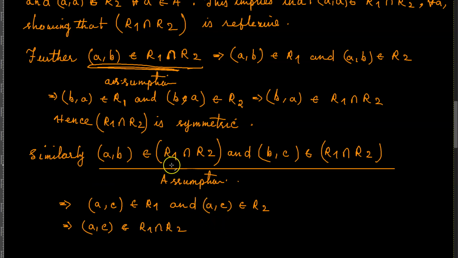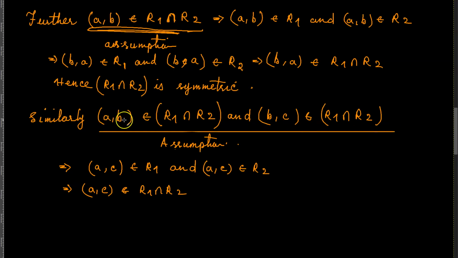So what that means is that over here we are assuming that (a, b) belongs to the intersection of R1 and R2, and also that (b, c) belongs to the intersection of R1 and R2, right? If I make that assumption, which is a safe assumption to make, then there is a missing step here.